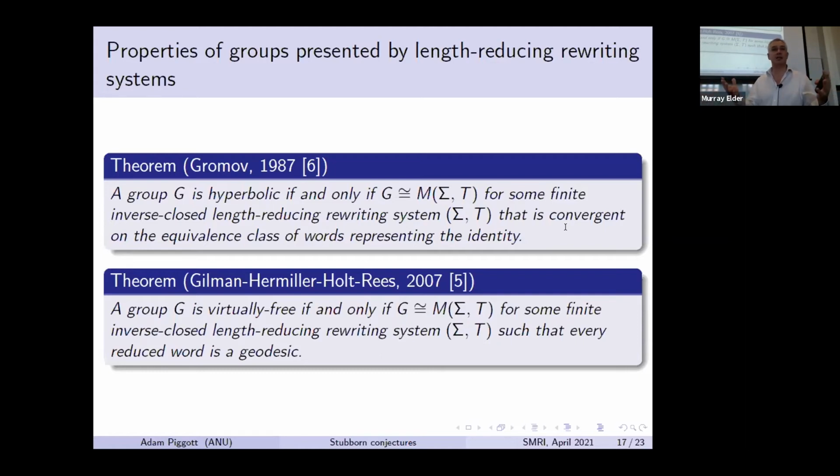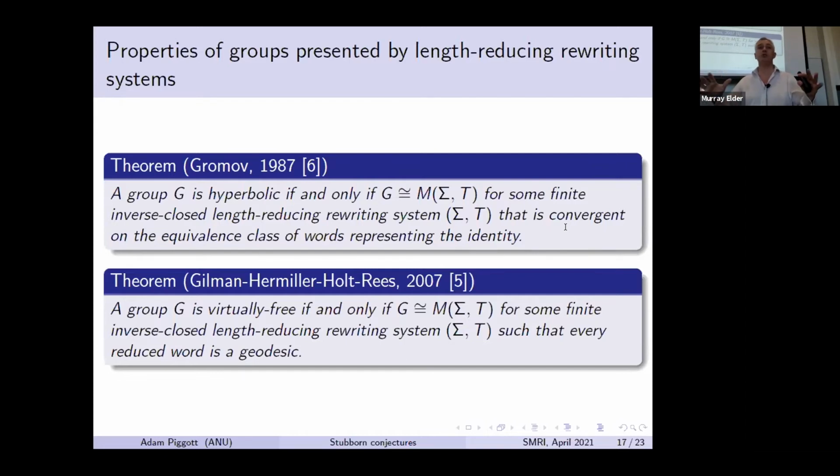So now we see that hyperbolic groups, a really important class of groups, are picked up by the behavior of rewriting systems. And then in 2007, so this is 20 years later, we've got the next piece of the puzzle from Gilman, Hermiller, Holt, and Rees: a group is virtually free if you can apply a finite inverse closed length reducing rewriting system so that all the reduced words are geodesic.